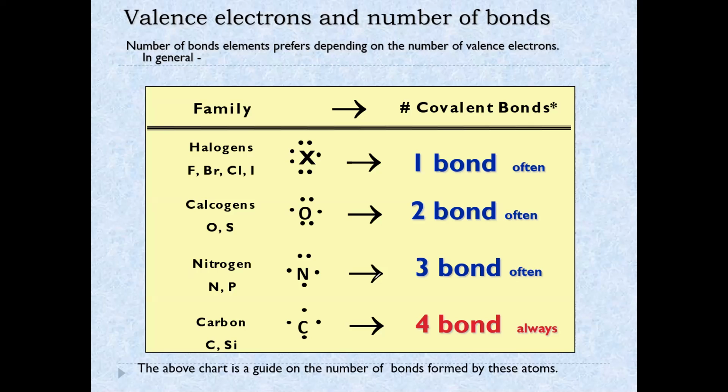Hydrogen cannot have a double bond. Hydrogen has only 1 valence electron, and so it can only form 1 bond with any other element it joins with. So these are the rules that will govern what we are talking about.